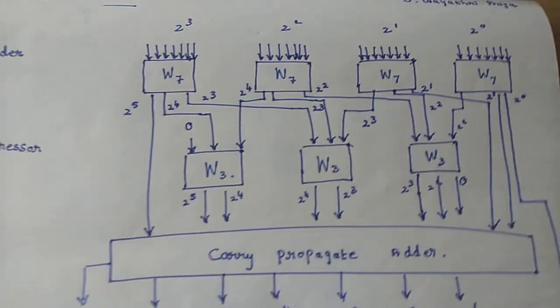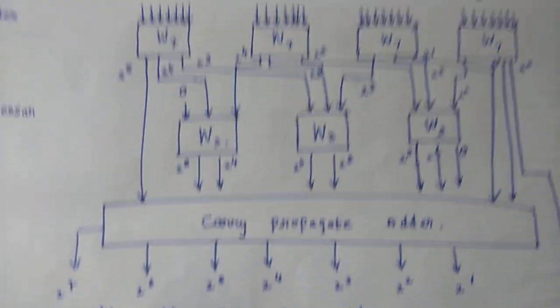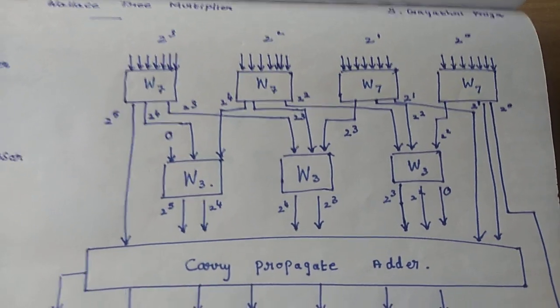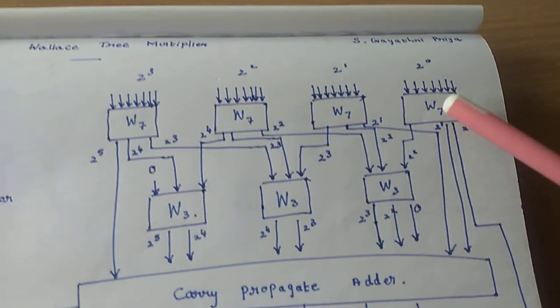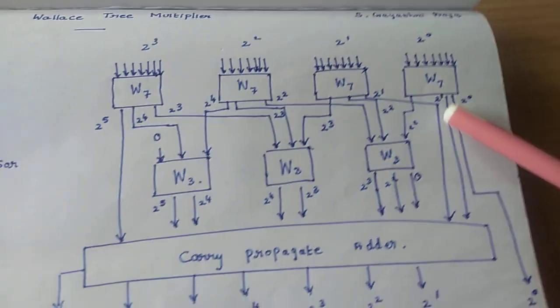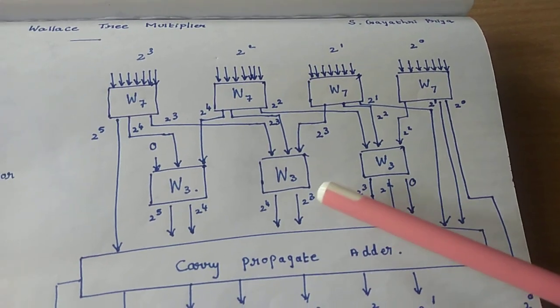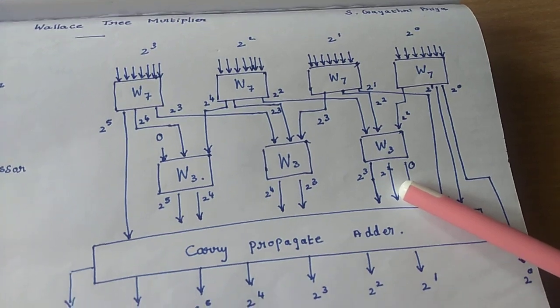This is a simple representation for the execution of the multiplier. Here we could see 2 power 0, 2 power 1, 2 power 2 and 2 power 3. This is nothing but a 7:3 compressor being used. And here we have W3, which acts as a 3:2 compressor.